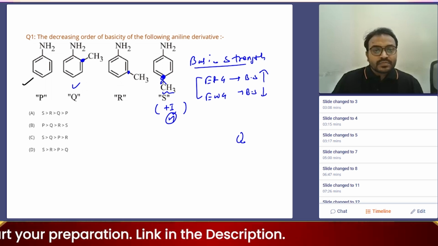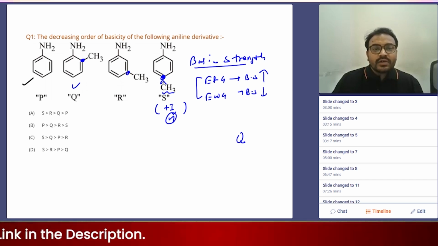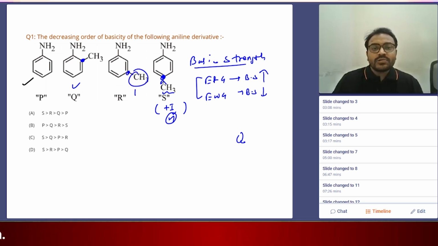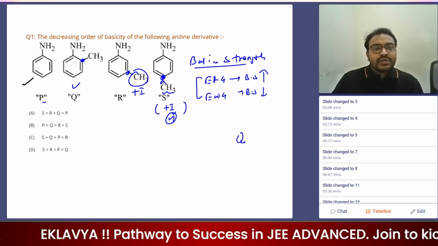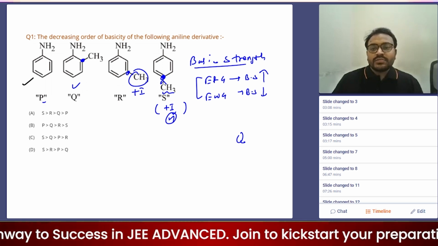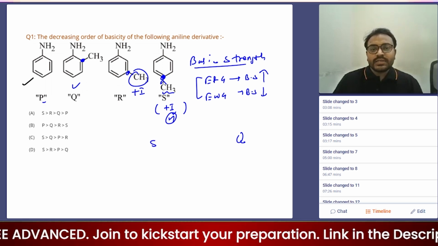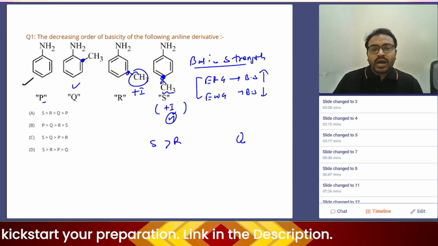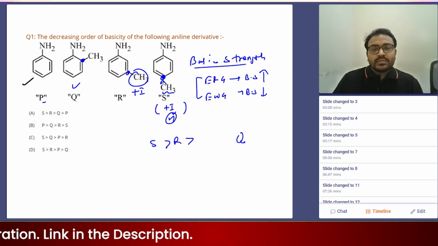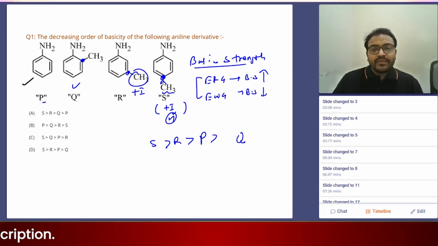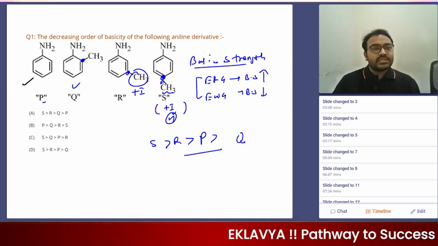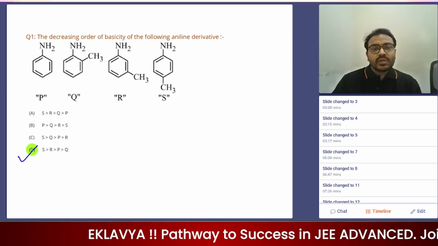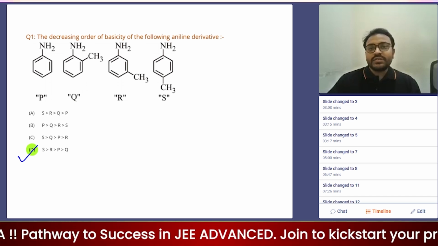Then meta will come, because at meta also there is a CH3 group increasing electron density plus I effect, and the last one is then aniline. So the most basic is S, then R, then Q, then P will come, and the last one is Q. This is the correct order of basic strength. So the right answer is option D.